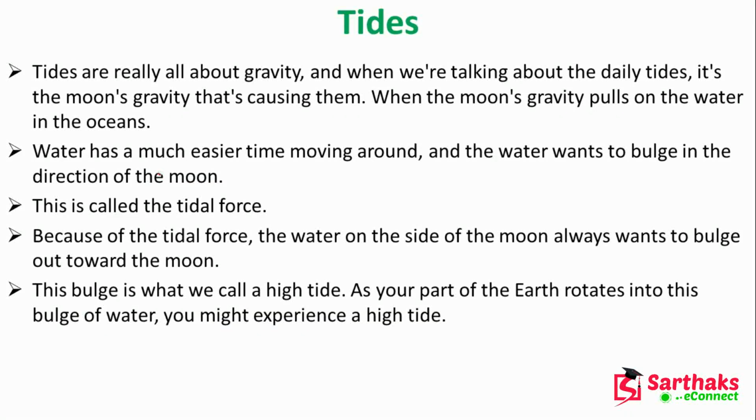The water wants to bulge in the direction of the moon, and due to this tidal force, the bulge of the water is called the high tide. And the earth is always rotating. That means if you have high tide on one side, on the other side you have low tide.